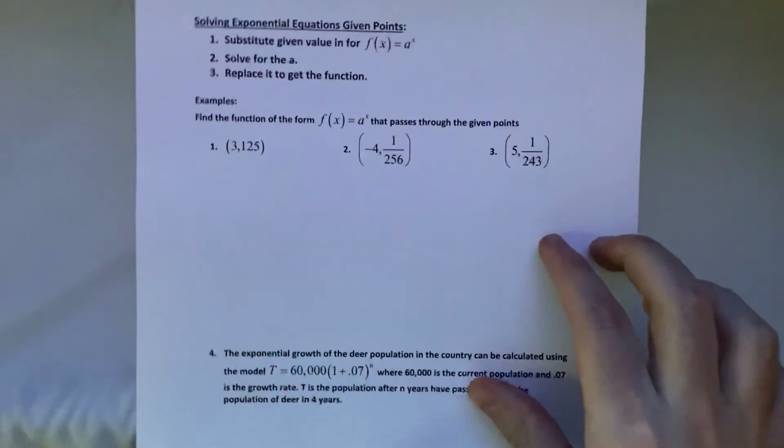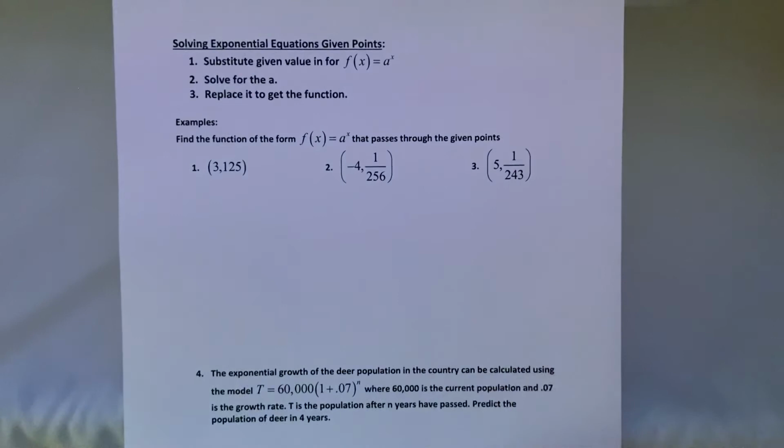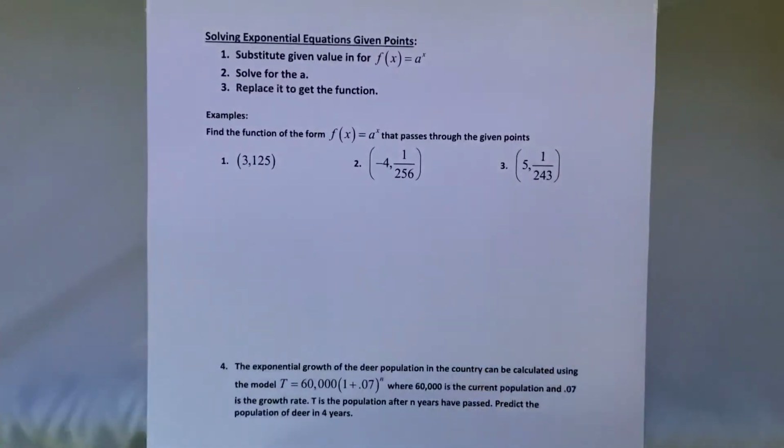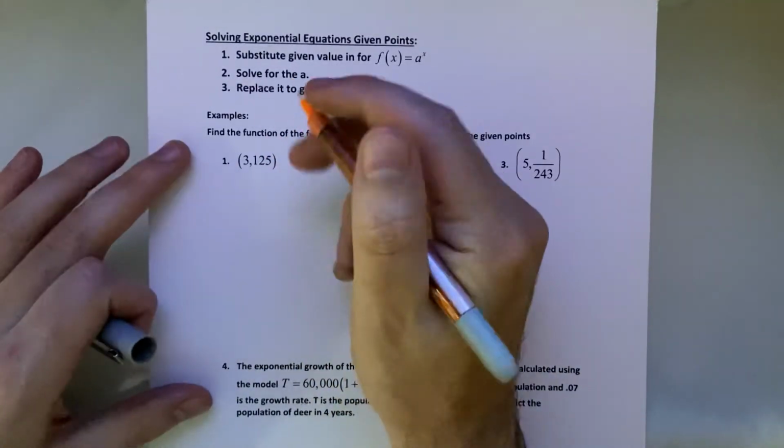Okay, so let's look at some basic problems here. Solving exponential equations, given points. Substitute a value in, find the a, and replace it to get your function. So find the function of the form f of x equals a to the x that passes through the given points. We've got the point 3, 125.